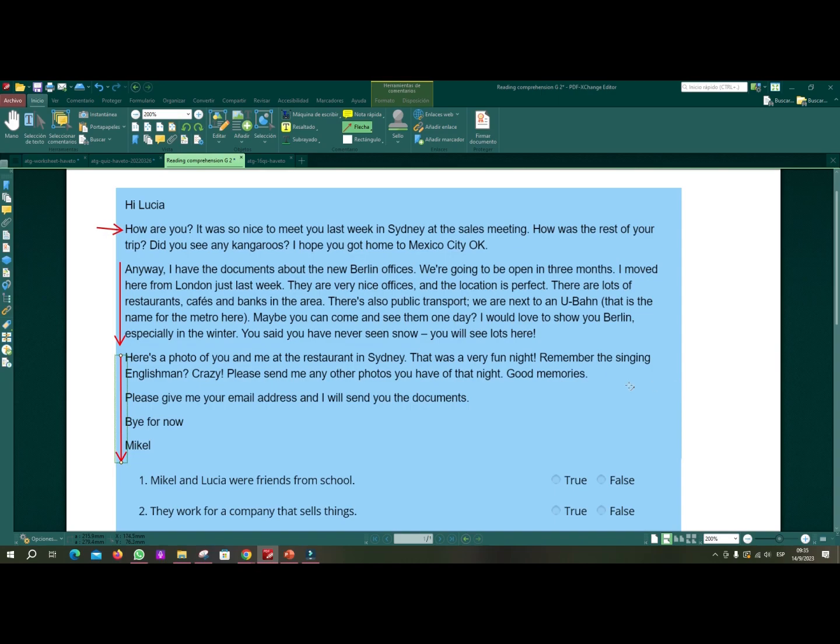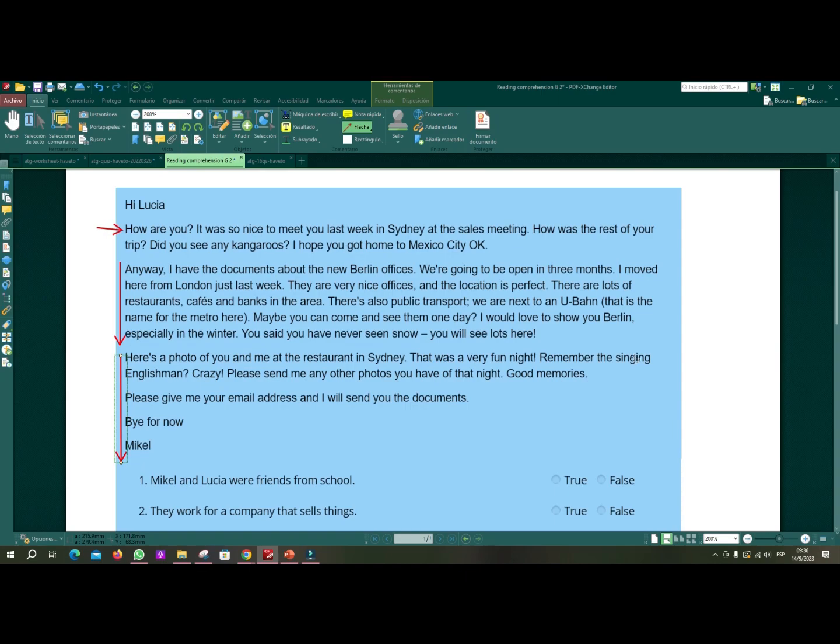Singing. Please send any other pictures you have of that night, good memories. Please give me your email address and I will send you the documents.